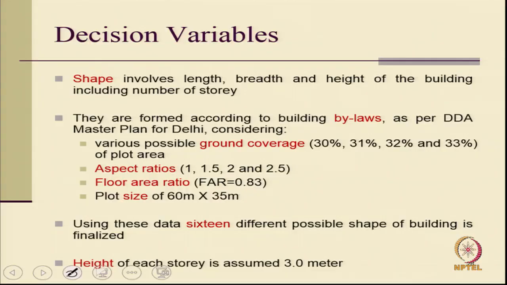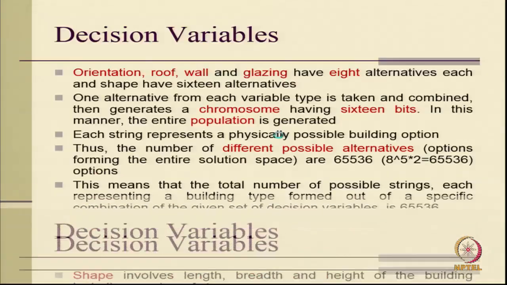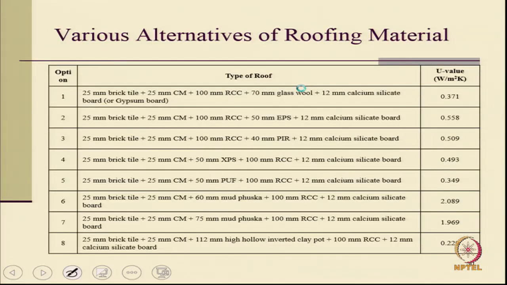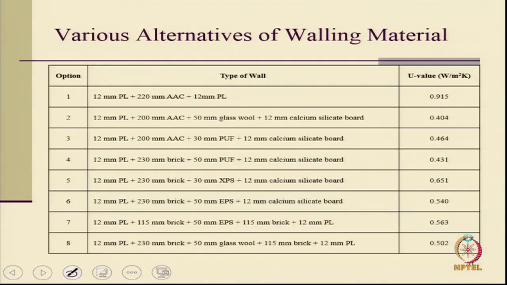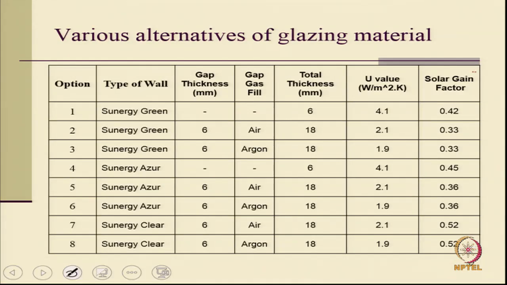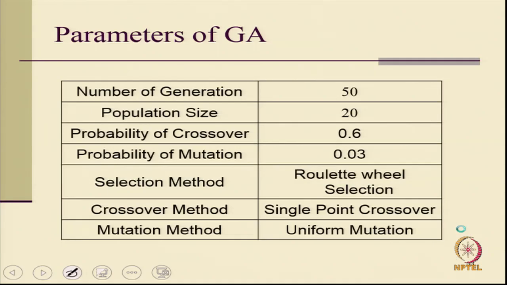So, this is what I said, shape, and these are the roofing materials, 8 roofing materials. I showed similar examples earlier. Their U values are like this, then various walls and their U values could be something like this, various glazing materials could be something like this, and number of generations.